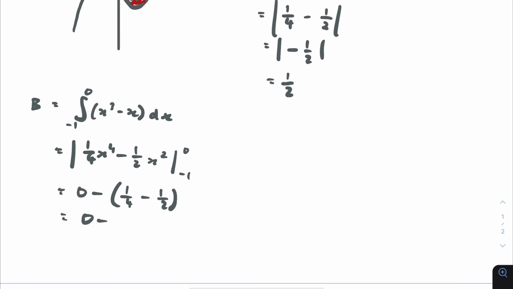That gives you 0 minus negative a quarter... which also gives us half, which is what we expected.